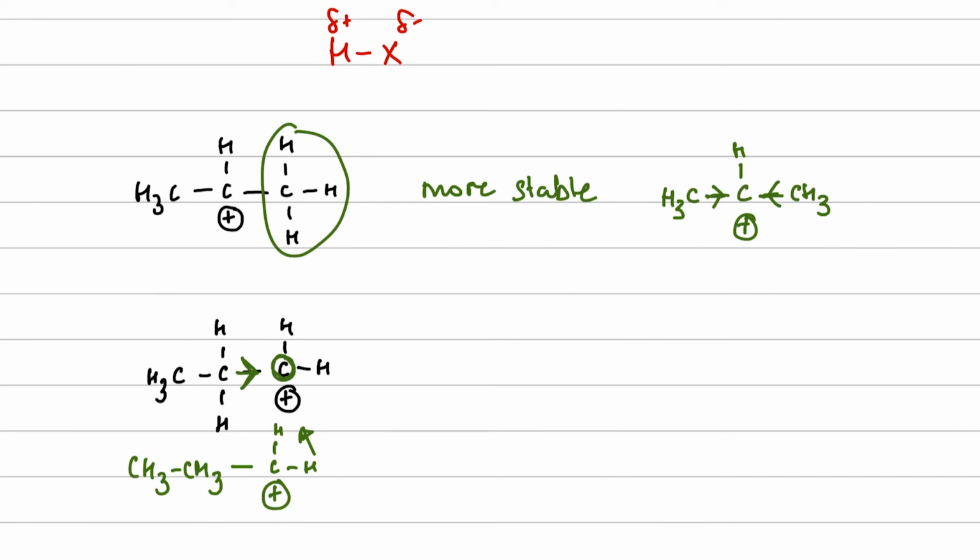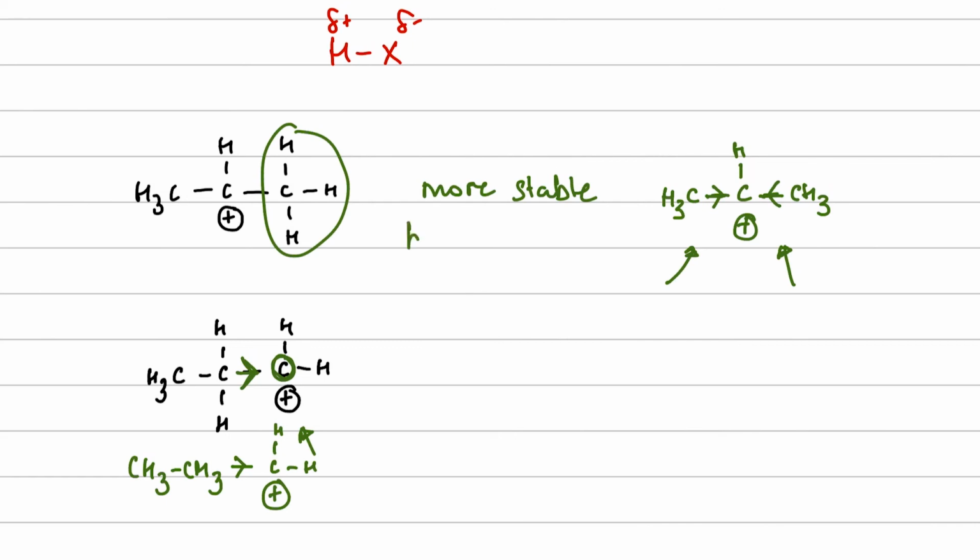Hydrogen atoms do not show a positive inductive effect, so the ethyl group would be helping to stabilise it, which is only one group compared to our favoured carbocation, more stable because we've got two alkyl groups bonded to that positively charged carbon, helping to stabilise the carbocation.